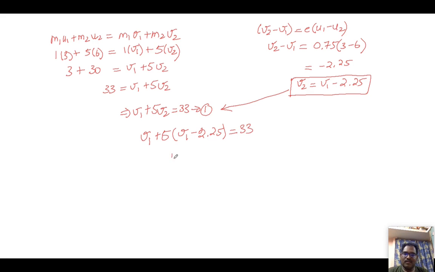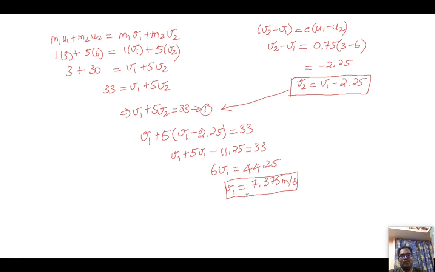So it is v1 plus 5 v1 minus 5 into 2.25, which is 11.25, is equal to 33, or 6 v1 is equal to 33 plus 11.25, which is 44.25. Hence your v1 is equal to 7.375 meter per second.